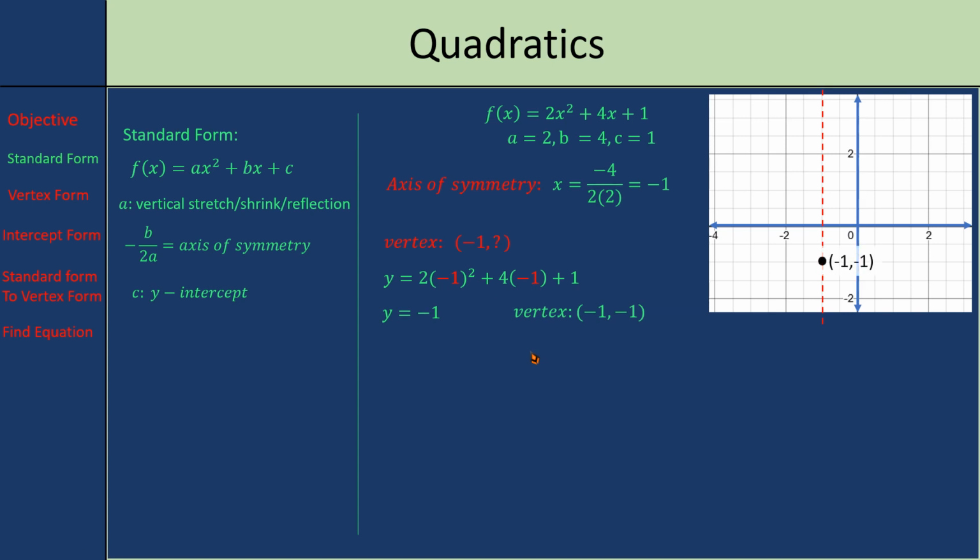I got my vertex. Right, so from here, there are many things you can do. If you just look at a, based on the transformation lesson, a is positive, so it did not get reflected. It still opens up. Okay, it opens up. And then because it's 2, it's getting stretched vertically by a factor of 2.